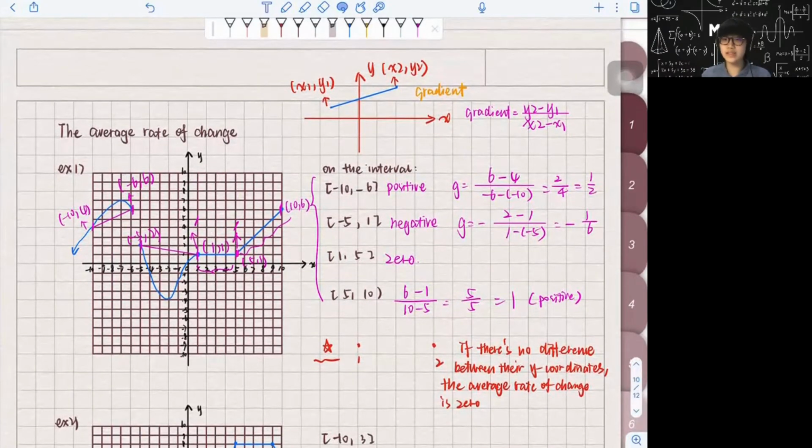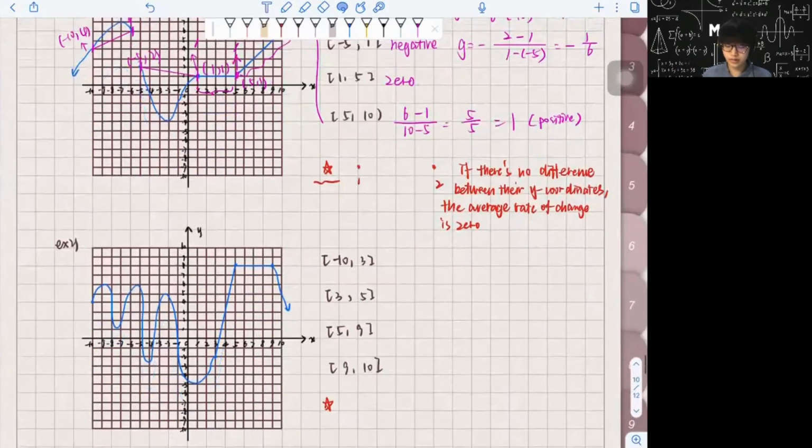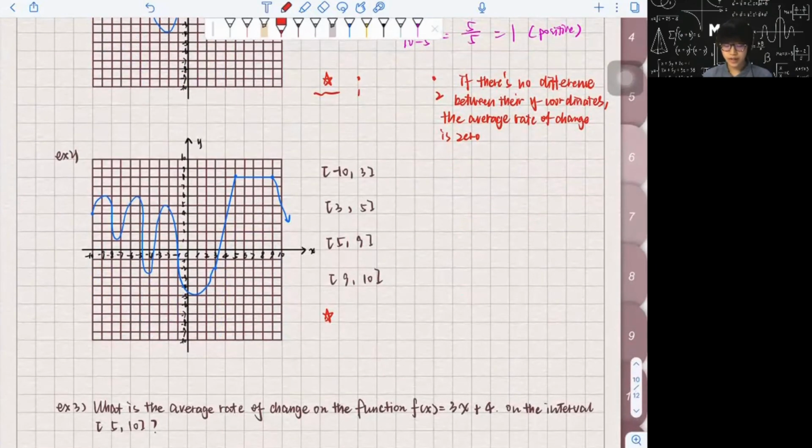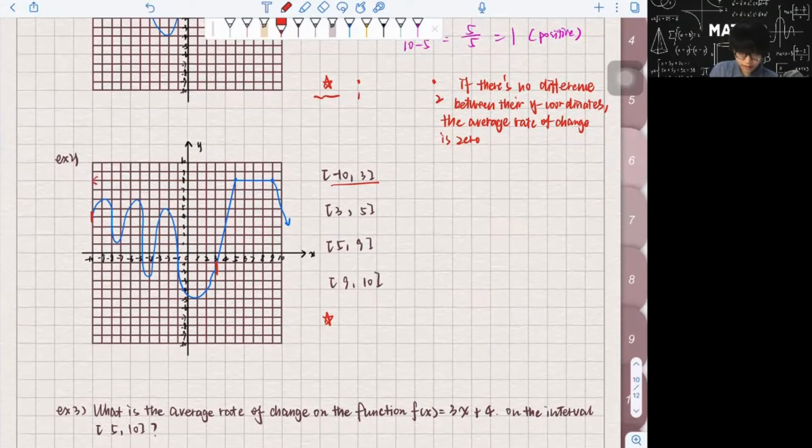Now let's turn to exercise 2. The first interval in this graph is from -10 to 3. So here's -10 and here is 3. It seems very complex in this interval, but don't forget how to calculate the average rate of change.